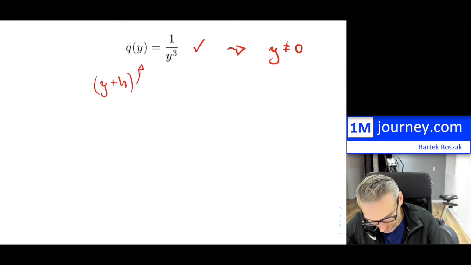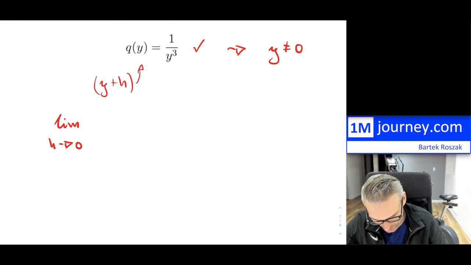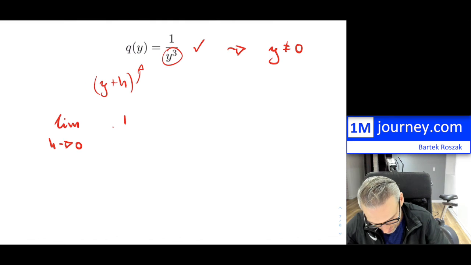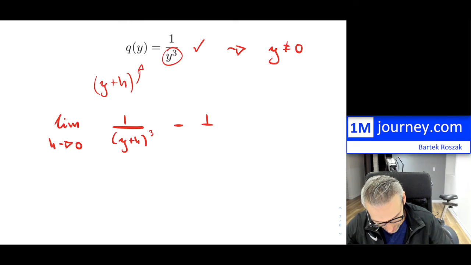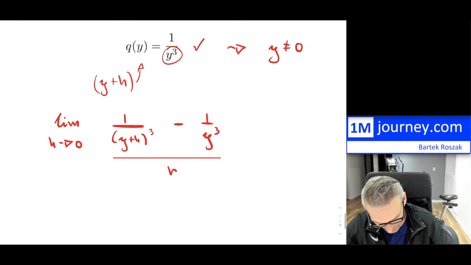So the limit as h is approaching 0, I'll substitute that in, so y plus h cubed minus 1 over y cubed, all over h. That's what we would have.